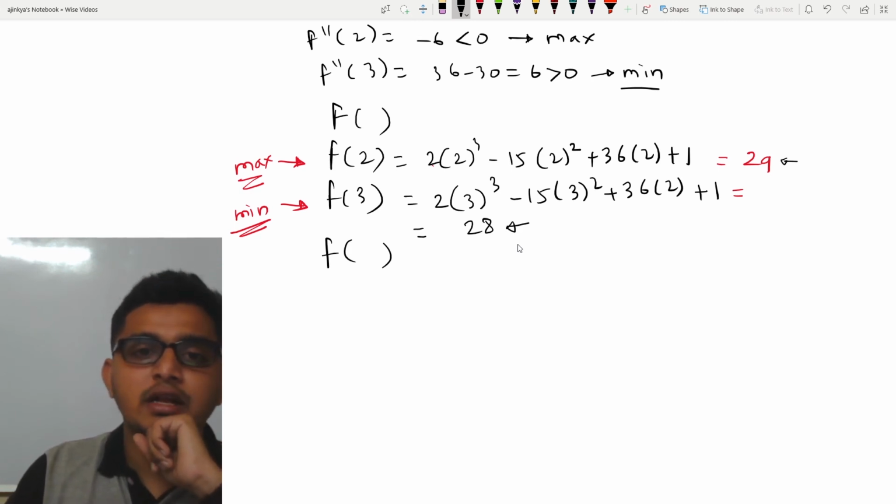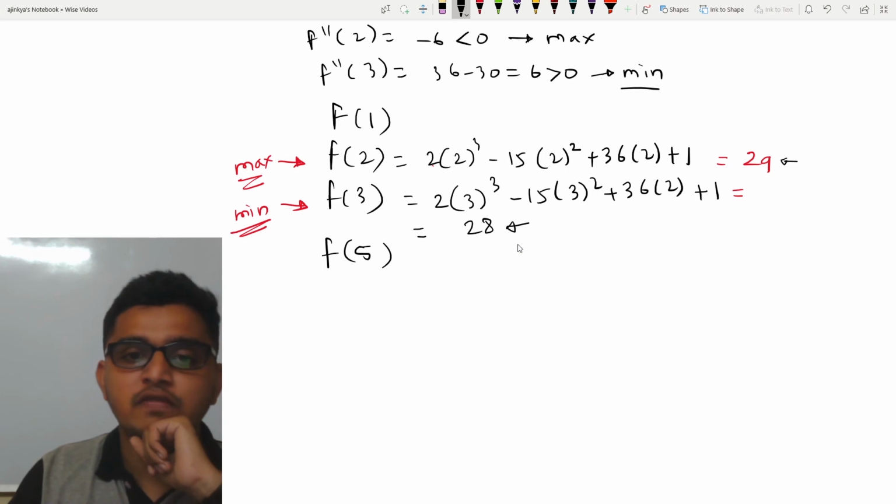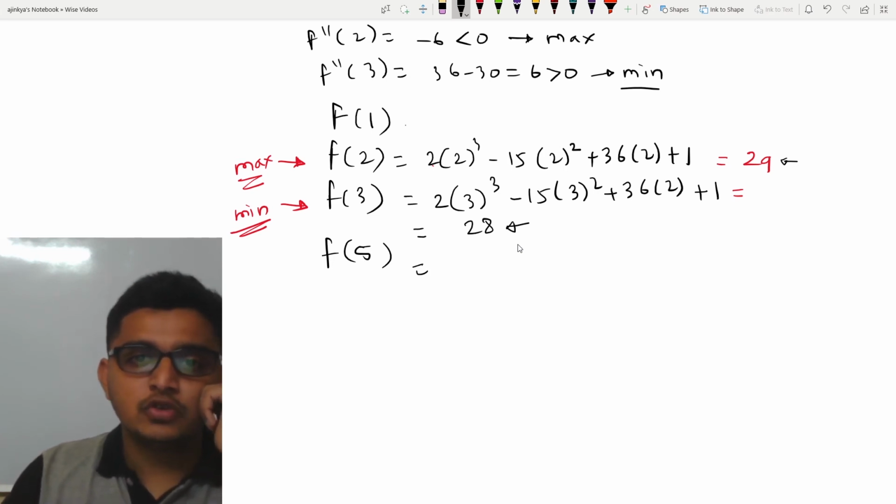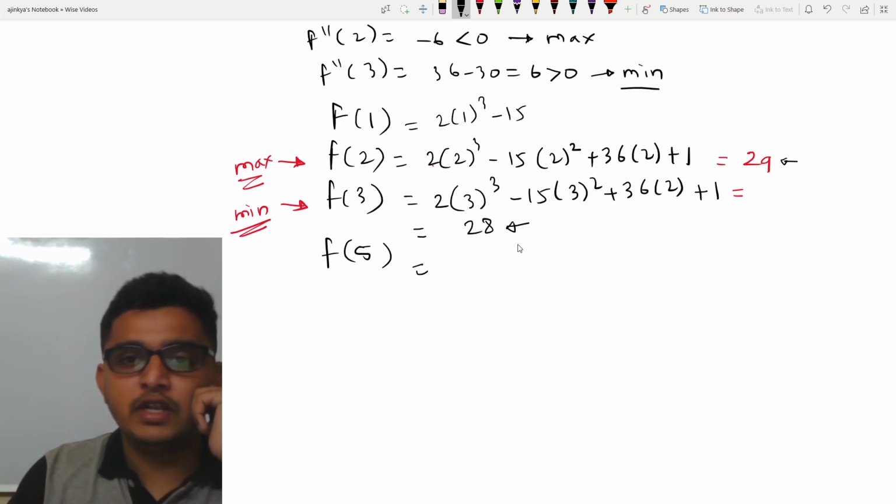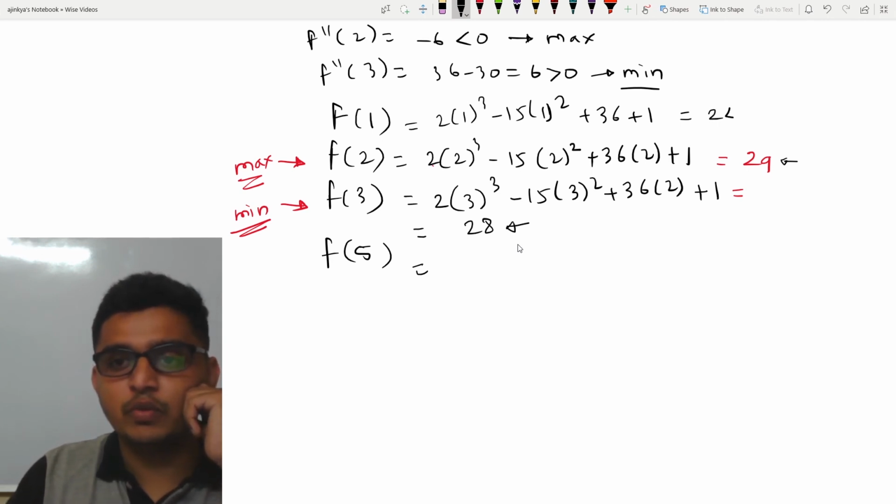But if we take f of 1 and f of 5, let's check what happens since we are given the interval. So f of 1 is 2 times 1 cube minus 15 times 1 squared plus 36 plus 1. This is 2 minus 15, which is minus 13, plus 36 is 23, plus 1, it's 24.